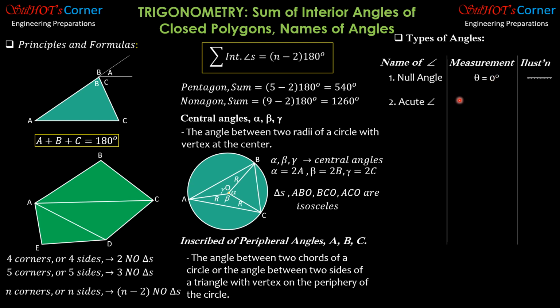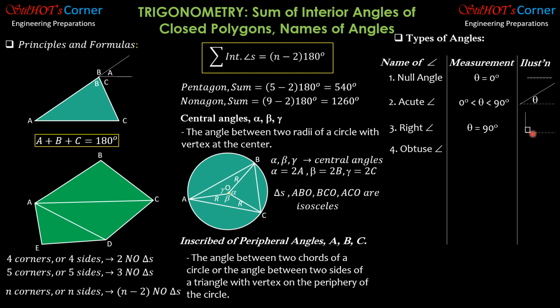An acute angle is between 0 and 90 degrees. So 0 degrees is less than theta, and theta is less than 90 degrees. That's the illustration for the acute angle. Examples: 42 degrees, 34 degrees. A right angle is when the angle between the initial and the terminal side forms 90 degrees, as shown in the figure.